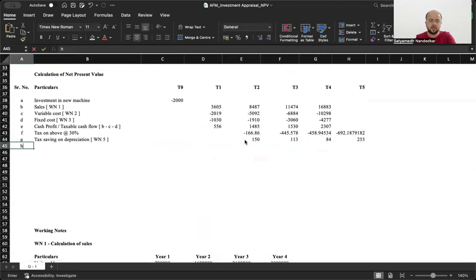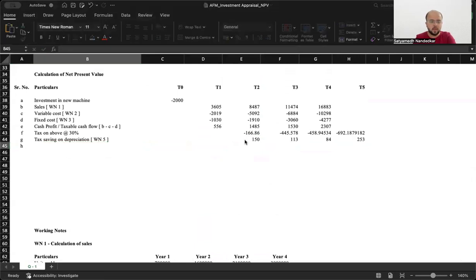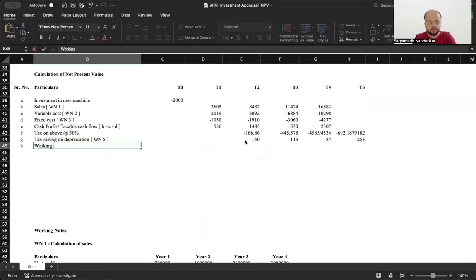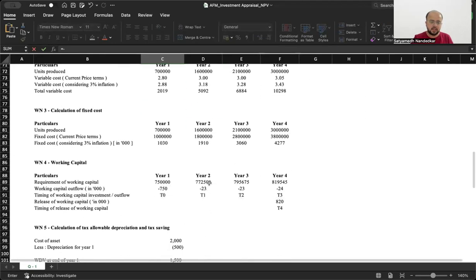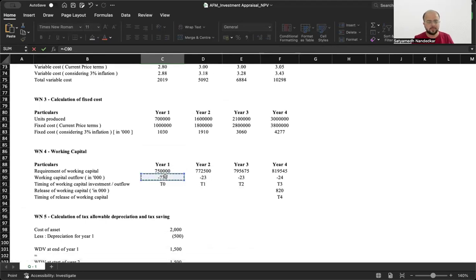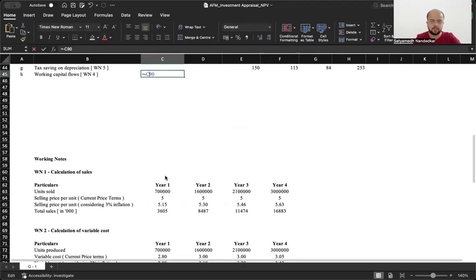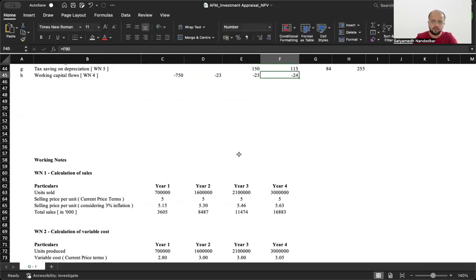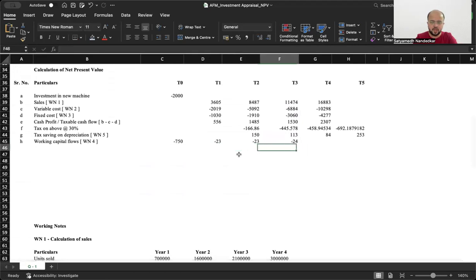And there is one more thing that is left, which is your working capital flows. So there will be a cash outflow from T0 onwards. How much will it be? From T1 to T3, there will be a cash outflow.